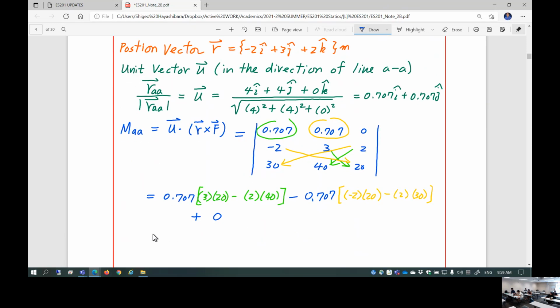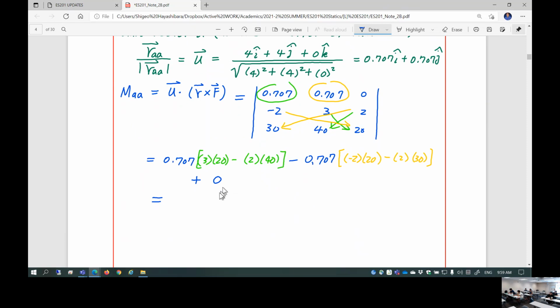So if you do your math, what do you get? 56.56. 56.56. Any confirmation, anybody? Please do your computation.